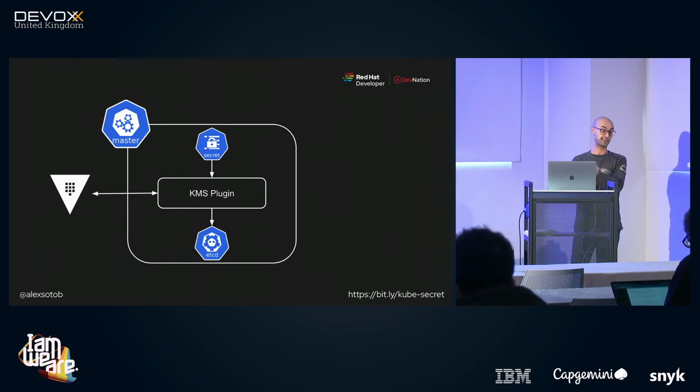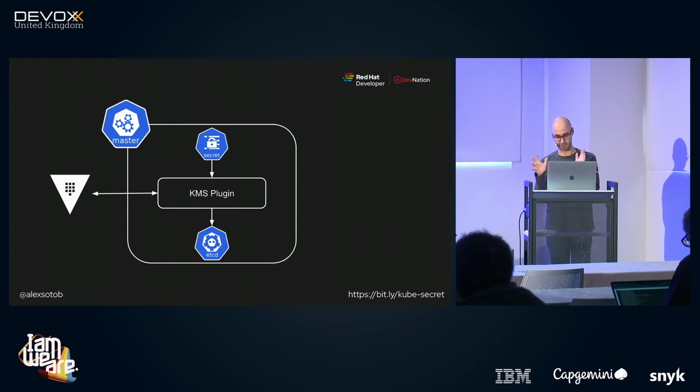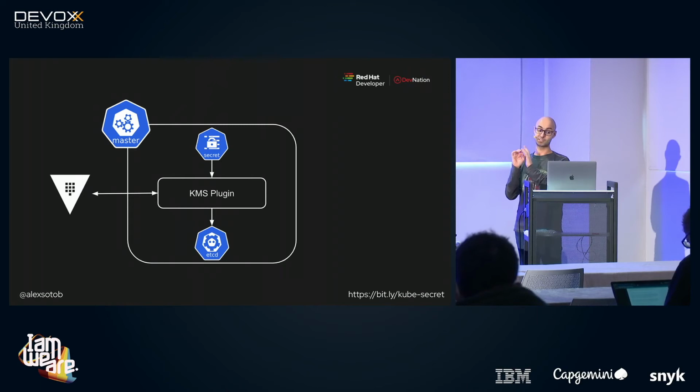Now, I've got a secret. This is a simplification. The process is quite complex because it's using double encryption and so on, but that doesn't matter for now. You do a kubectl apply of this secret. The secret goes to the primary node.